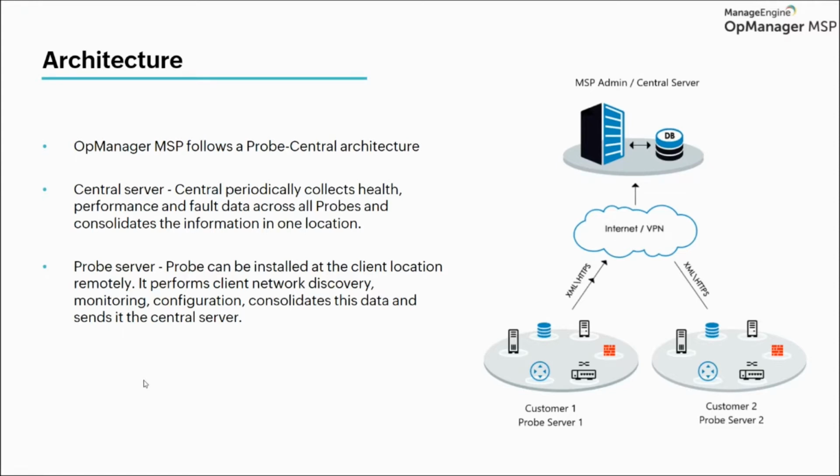As an MSP or service provider, I'll have the OpManager MSP central installed in my environment, and I'll be deploying probes for individual clients in various different locations. The central server is going to periodically collect health, performance, and fault management data across all the probes and consolidate this information into a single location, and we can view everything in a single console.